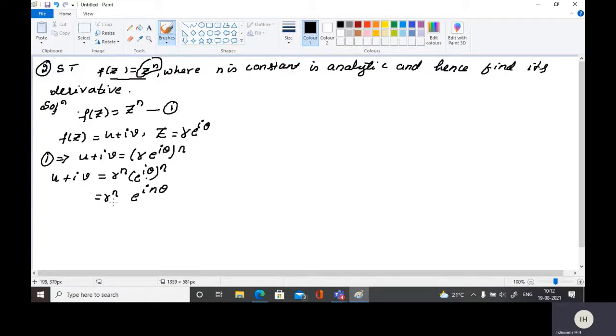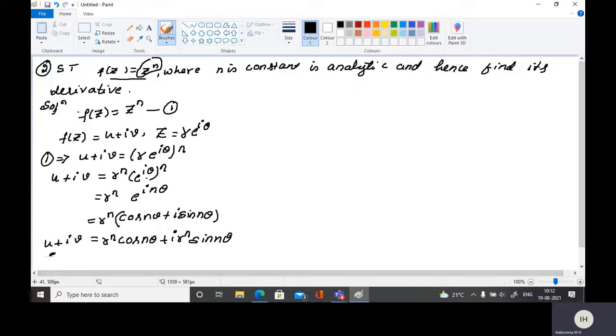As we know, e power i theta is cos theta plus i sin theta. Similarly, e power i n theta is cos n theta plus i sin n theta. Now multiply by r power n: r power n into cos n theta plus i into r power n into sin n theta. This is u plus iv.